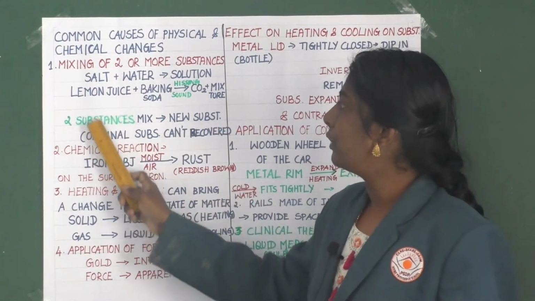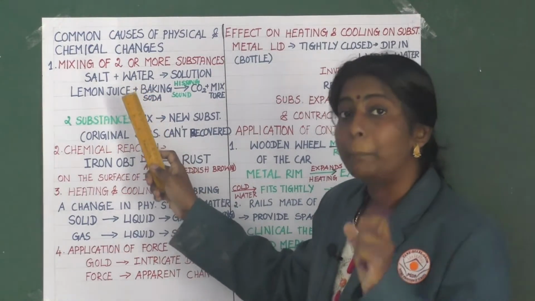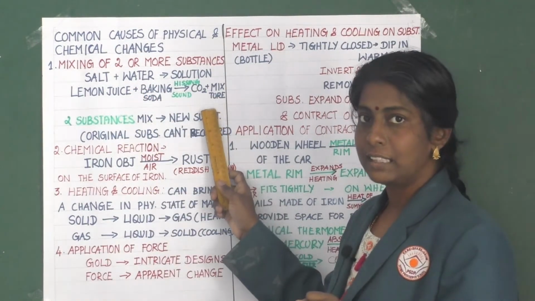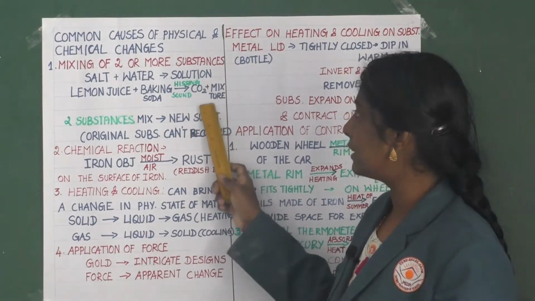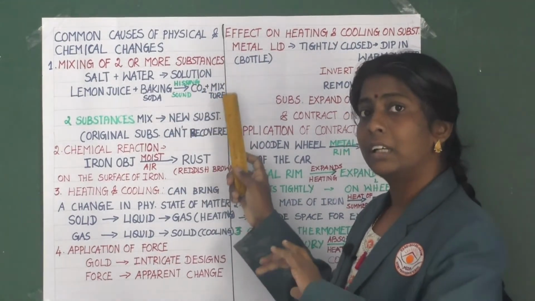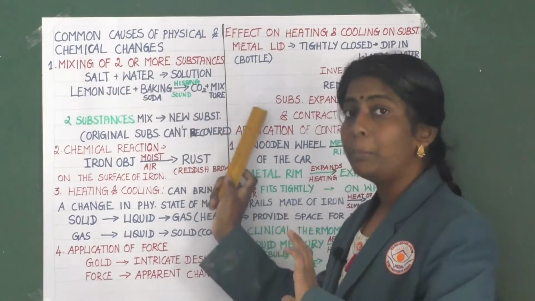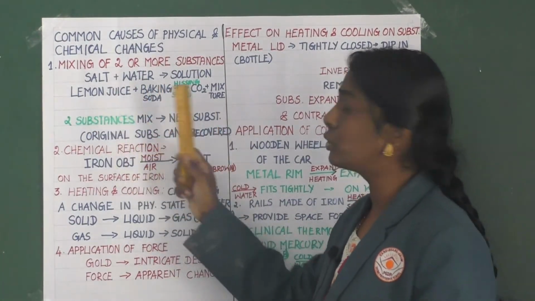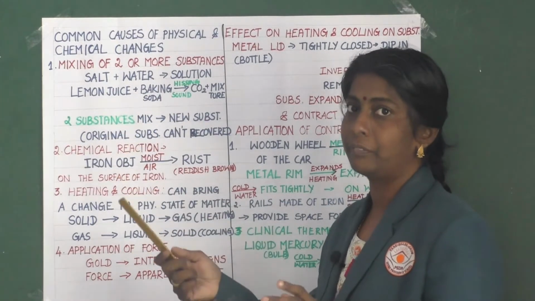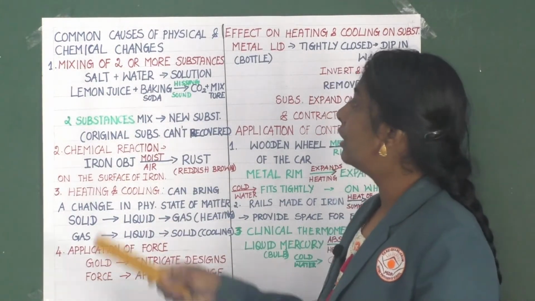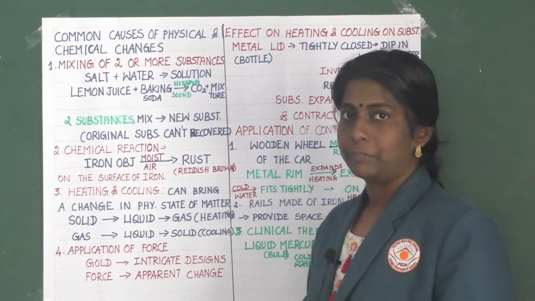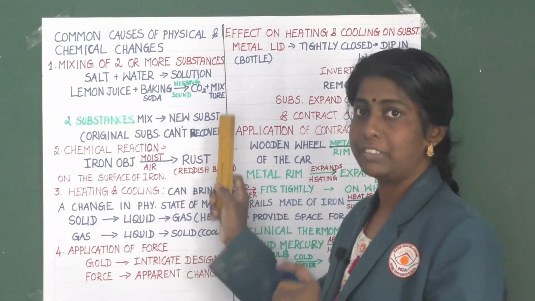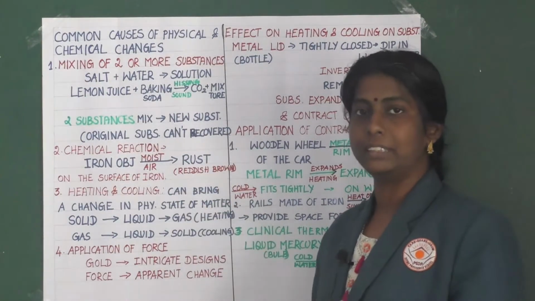So two different substances are mixed together and you get a new substance, and from this new substance the original substances cannot be recovered again. You cannot get the lemon juice or baking soda separately, isn't it? So this is one example of an irreversible change.